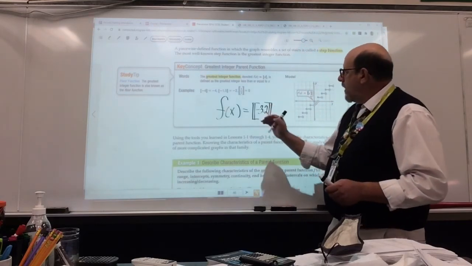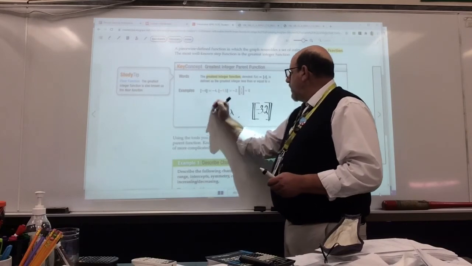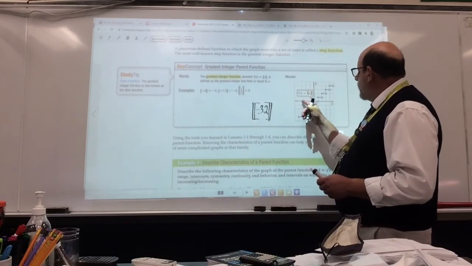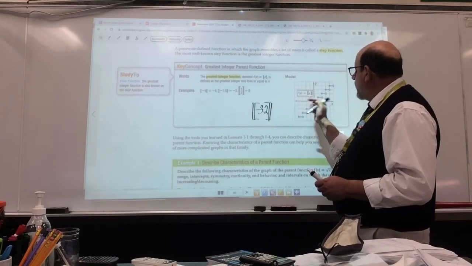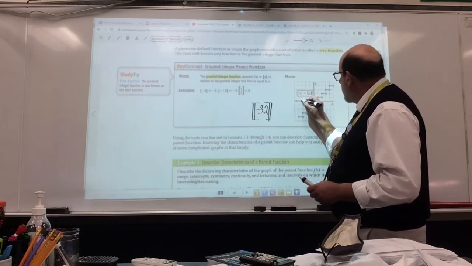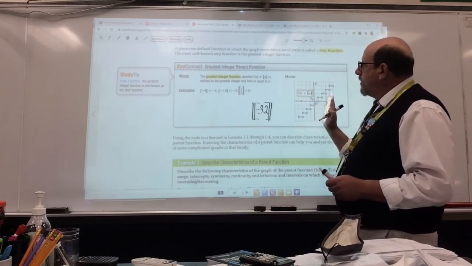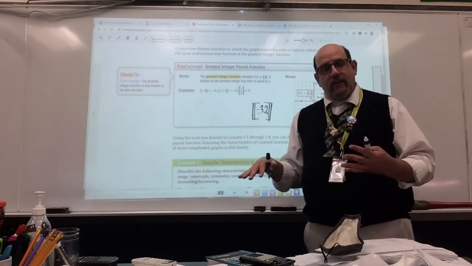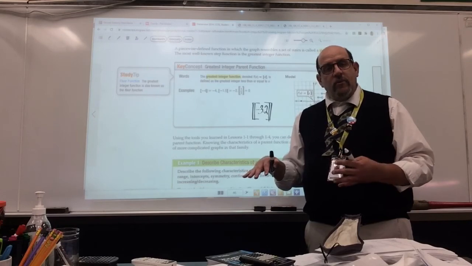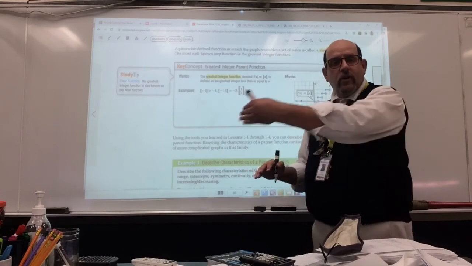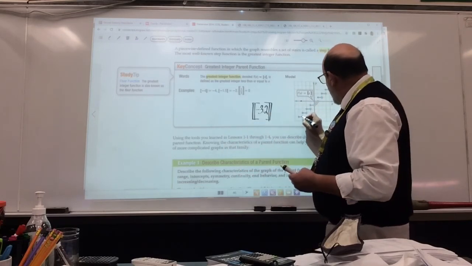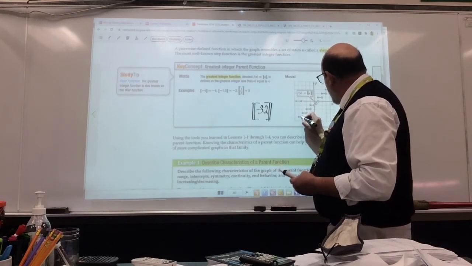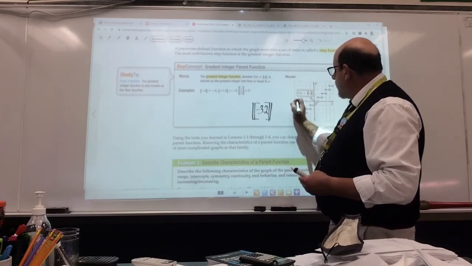So if I'm looking at -3.2, well, -3.2 is just about here. And what is the greatest integer that's less than -3.2? Well, we'd have to go back to -4. See how it exists right here? We started here and we look down the graph. There it is.